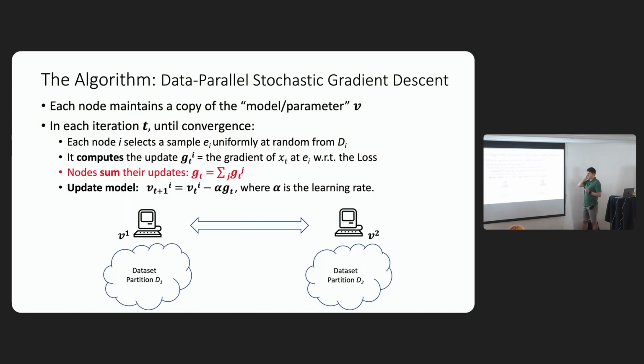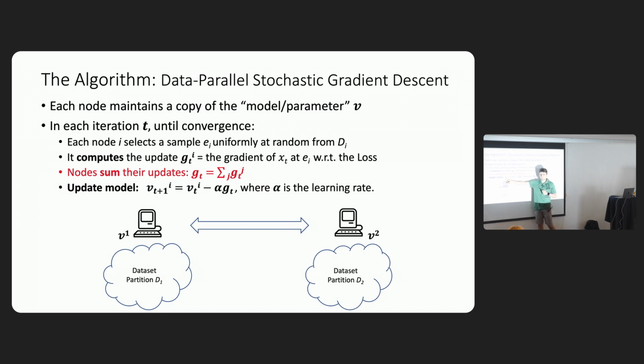Okay? So getting back to my previous slide, which was explaining how HTD works, we have a bunch of iterations. In every iteration, each node i selects a sample uniformly at random from its distribution, computes and updates this gradient, and then they sum their updates, and then each node i will update its model for the next iteration.